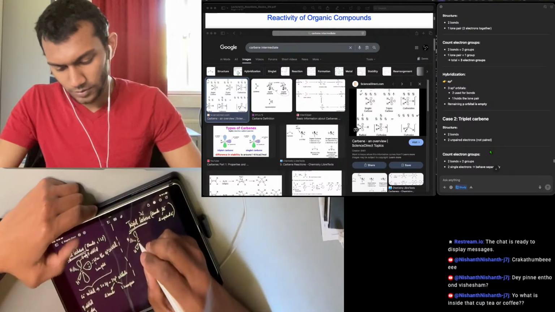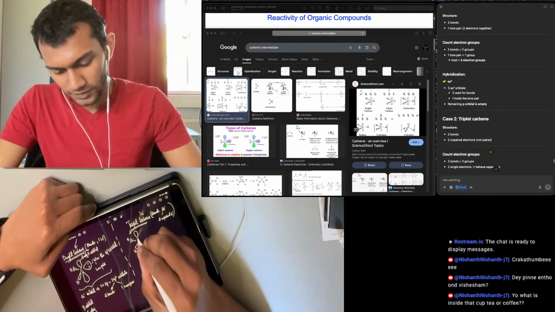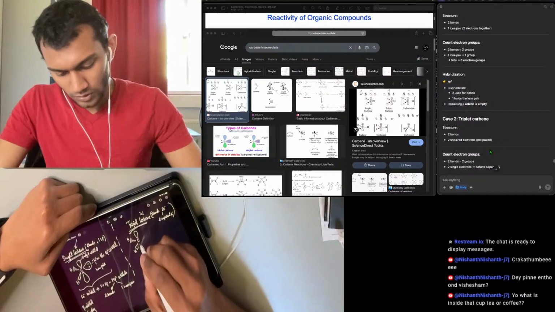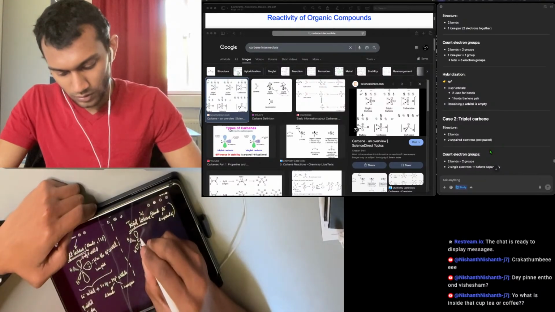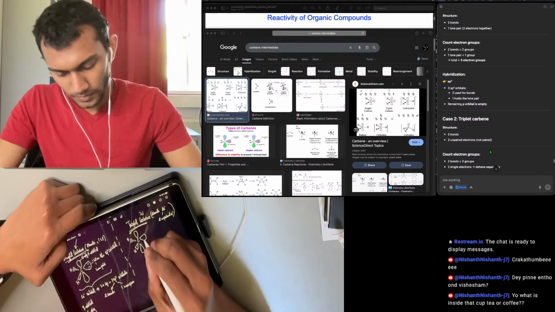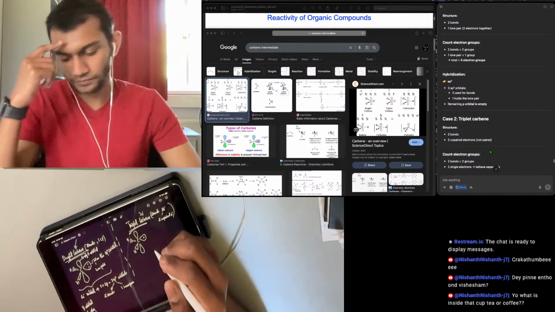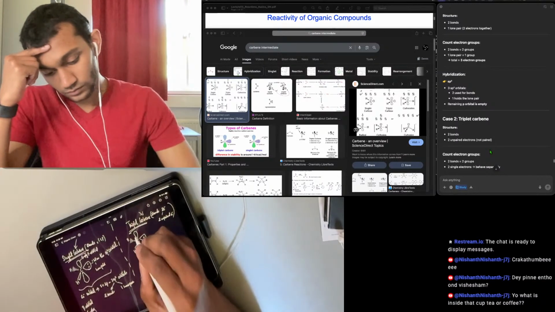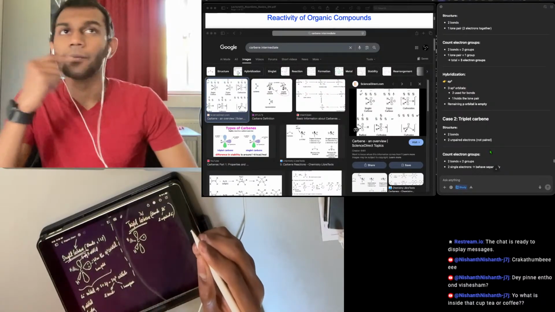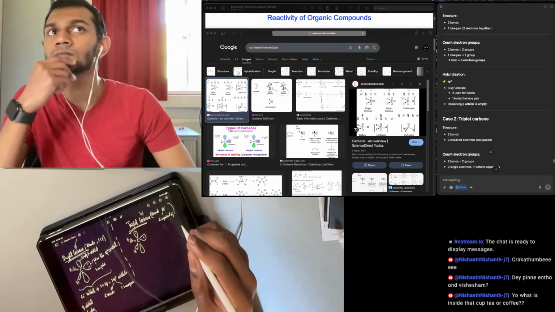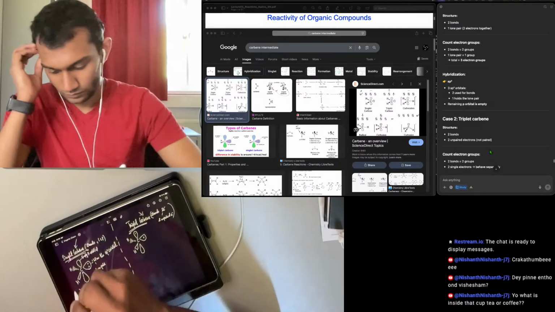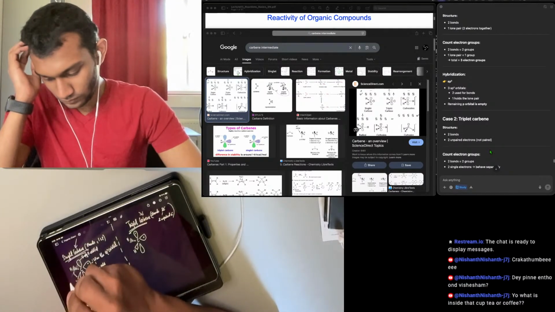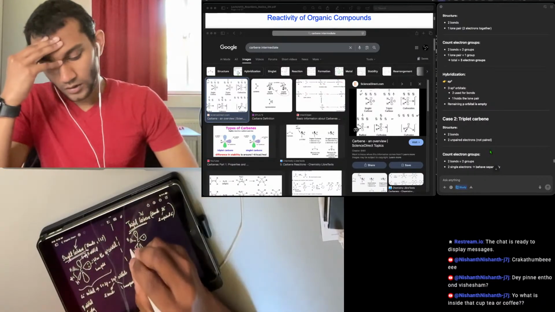Empty p orbital, not empty. Half-filled p orbital and half-filled. Why is it like this though?